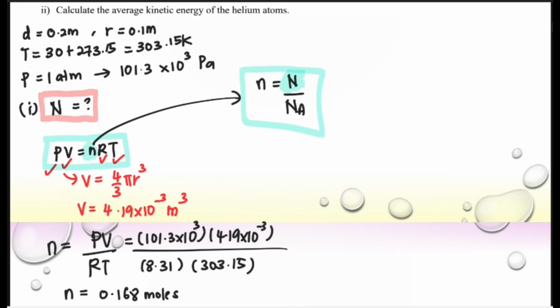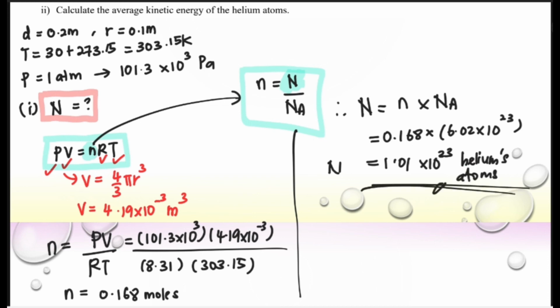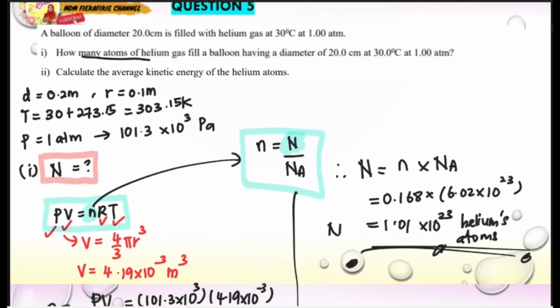Therefore N is equal to the number of moles times the Avogadro number. Avogadro number berapa? 6.02 times 10 power of 23. Therefore, N is equal to 1.01 exponent 23 helium atoms. Okay, so this is the answer for question number 5, 1.